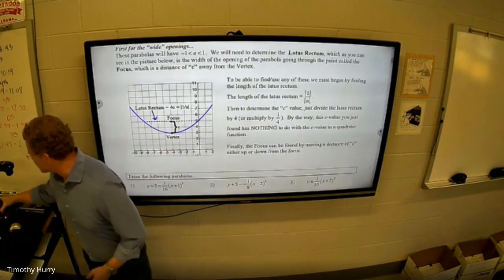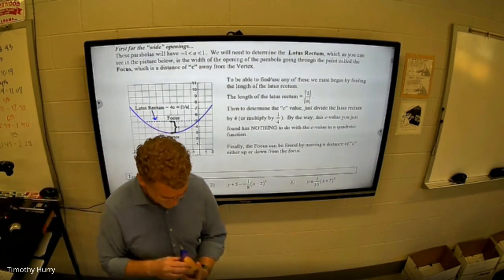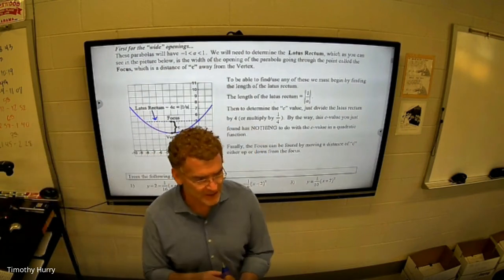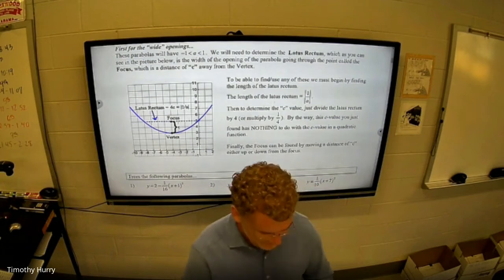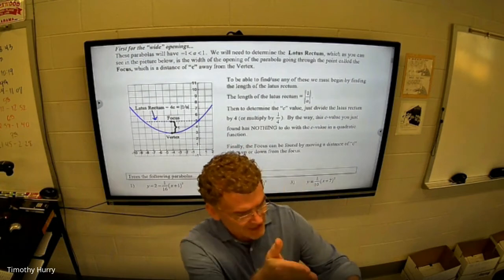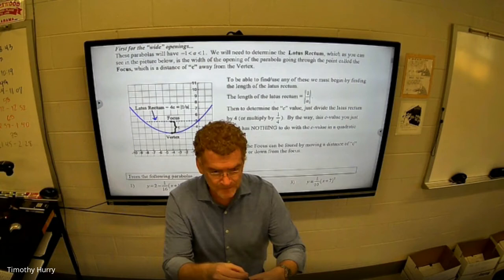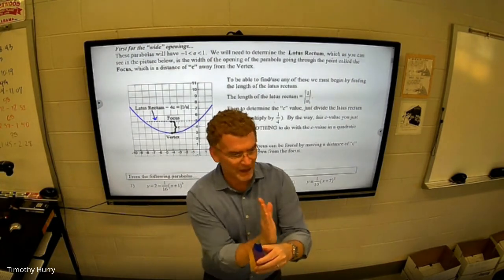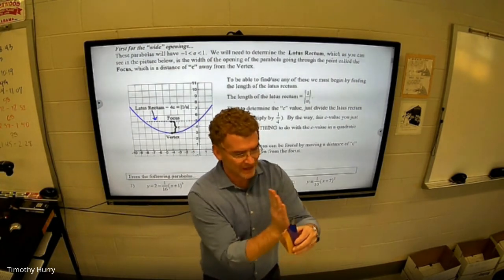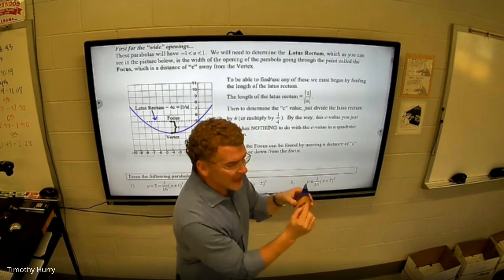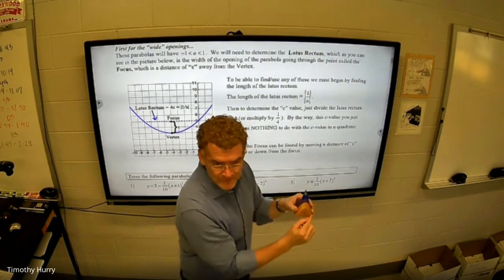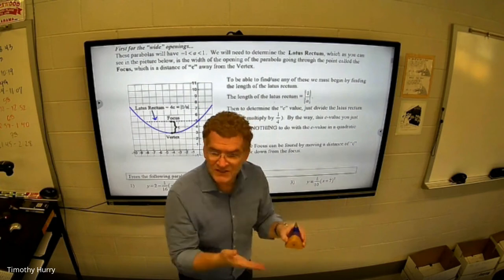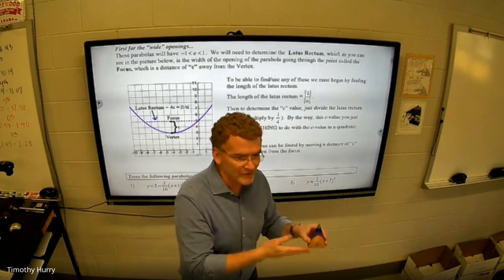I have a cone right here, and I'm missing a piece, but if I make a slice in a cone, and the slice is parallel to the edge of the side, that slice creates a parabola. And that's why it is one of the conic sections, because I'm sectioning off a cone.